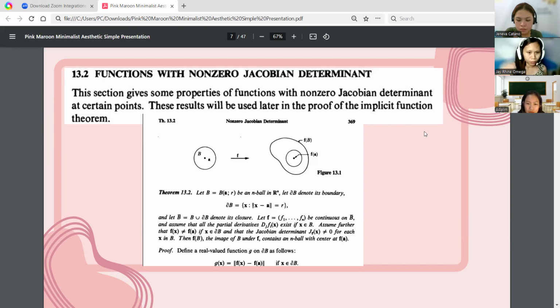Let B = B(A; R) be an n-ball in R^n. Let the boundary of B be denoted as its boundary. I'm not sure about that variable, but let's say that is okay.